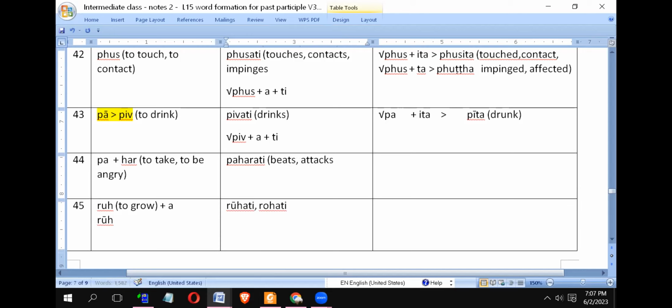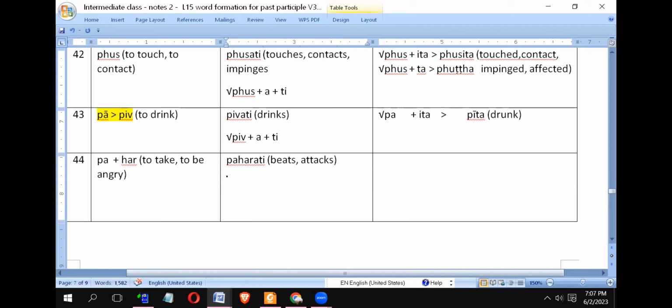Next person who wants to try? How about Jen Pang? Okay. The root is pa plus ha plus ati. The prefix is pa, plus ha, plus a plus ti. Which group? Group 1, okay, good.